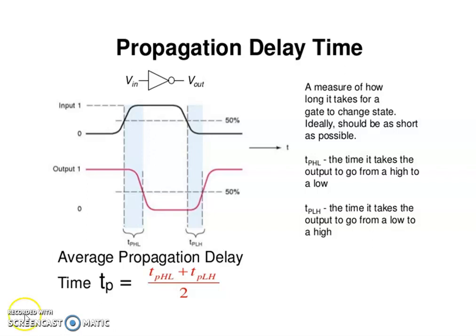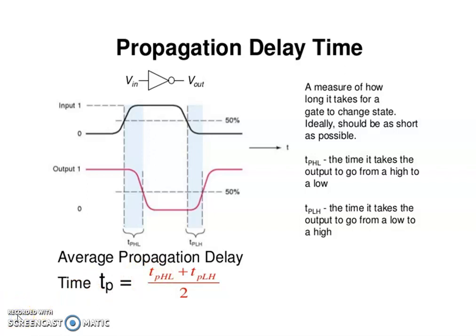Now, how to calculate average propagation delay? Propagation delay equals (tPHL plus tPLH) divided by 2. tPLH is the time it takes the output to go from low to high, and tPHL is the time it takes the output to go from high to low.